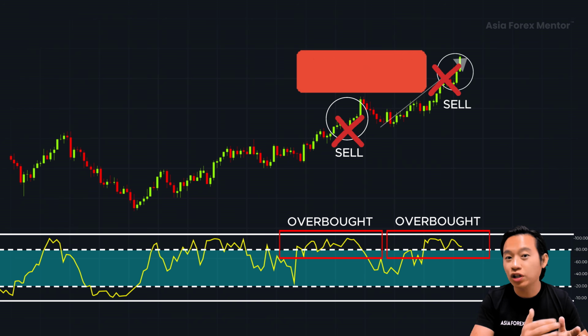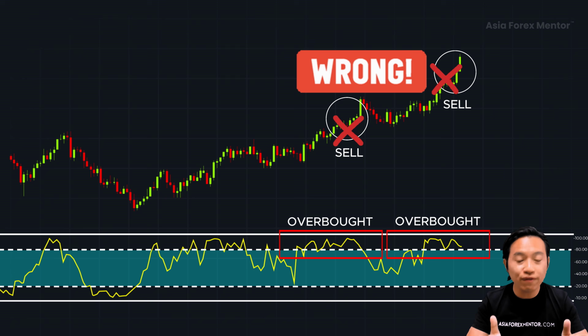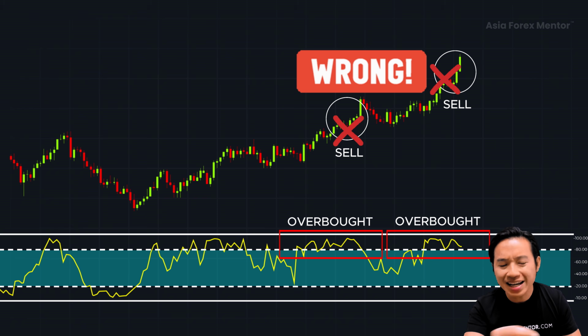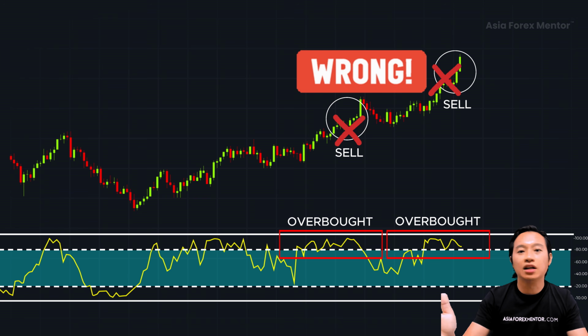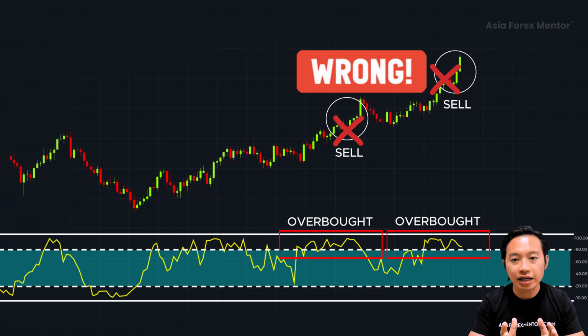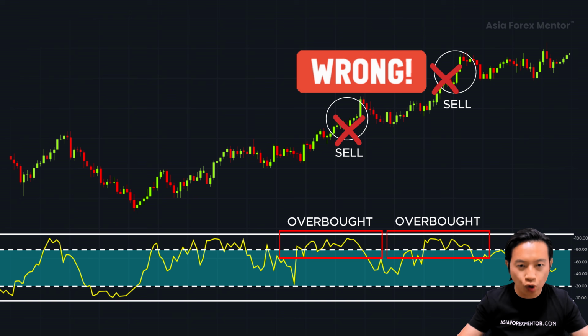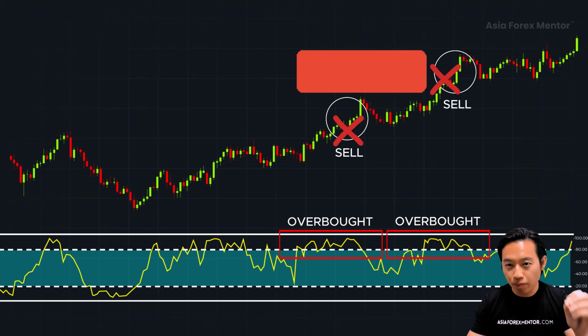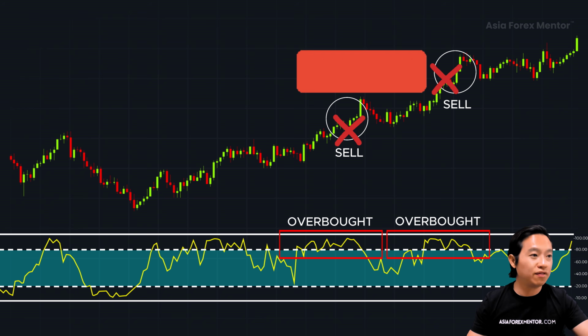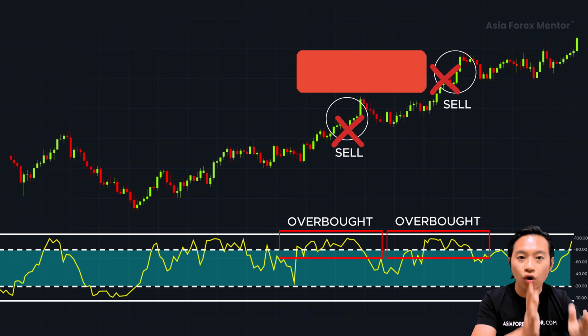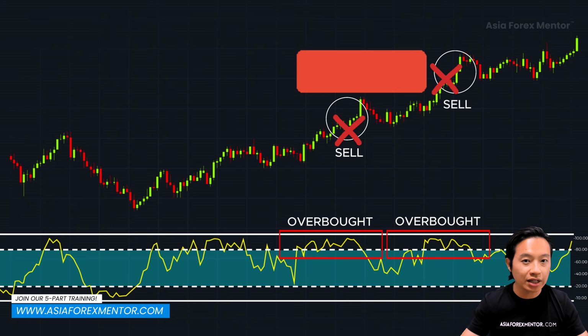The market can continue moving upwards with strong momentum, so trading against the momentum is going to result in a lot of losses. That is why using the stochastic readings in the overall broader context is important, and that's where you align your trade setups with the overall current market trend itself.